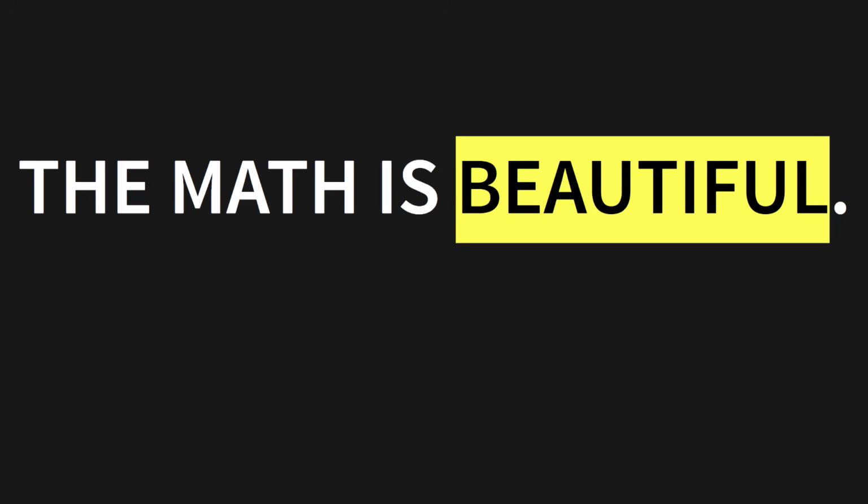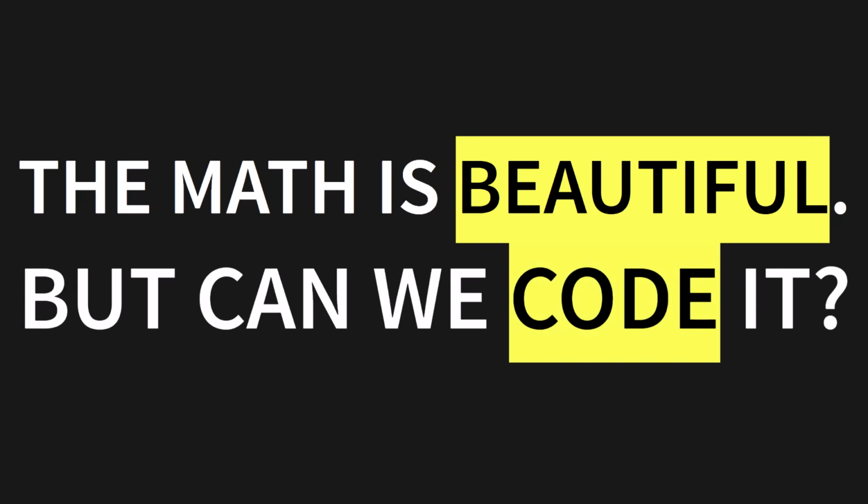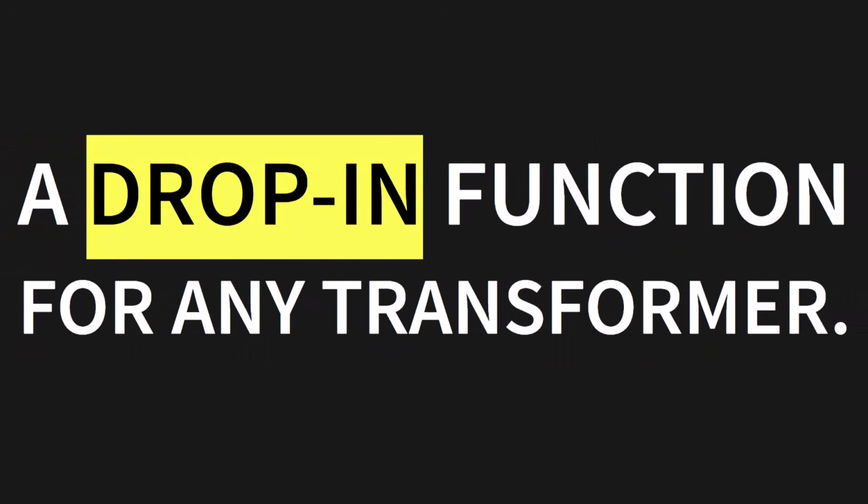It's so elegant. But here's the billion-dollar question. Can we actually code it? The answer is yes. And our goal is to create a simple drop-in function that you can use for any transformer. Here's the blueprint. It's a really clean two-part strategy. First, pre-compute.